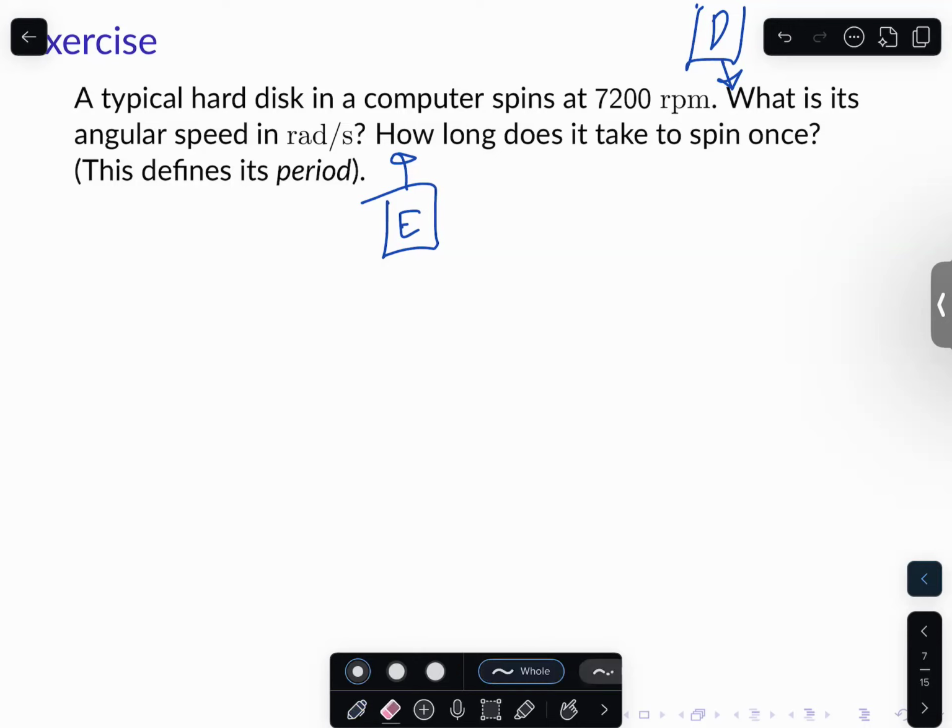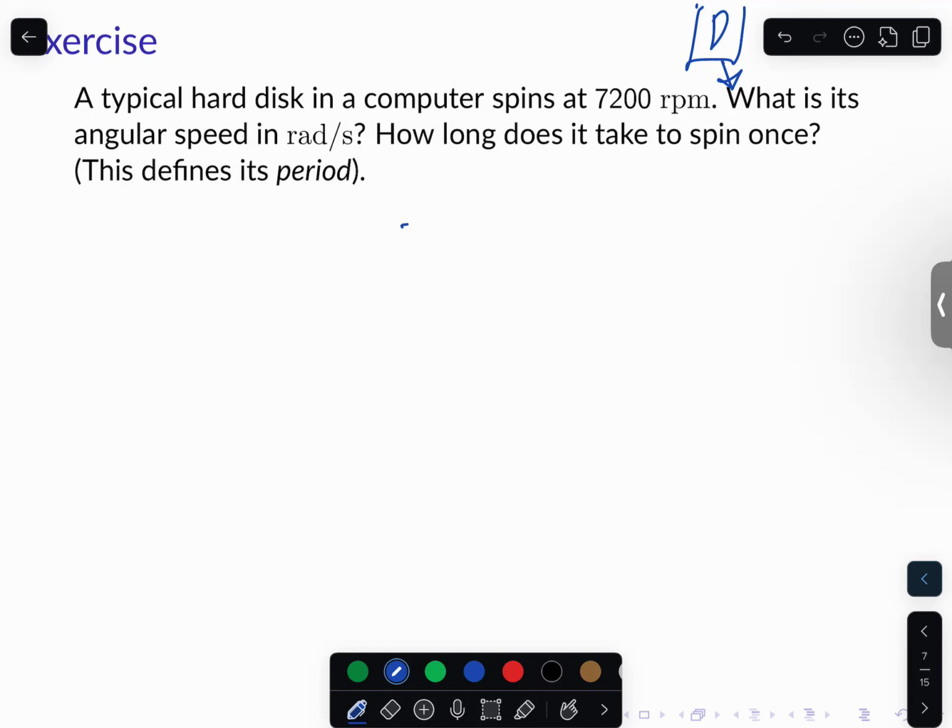Okay. Here we go. How long to do something once? That's period. Period is seconds per cycle. If I give you RPM, ultimately that could be converted to rotations per minute.